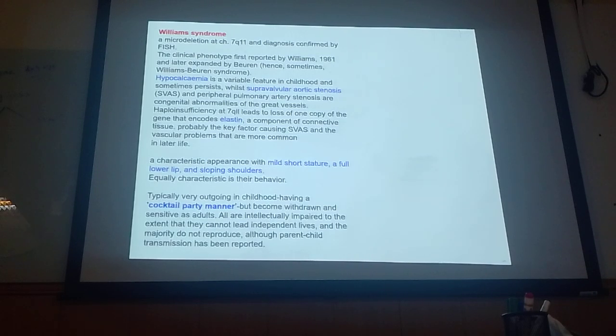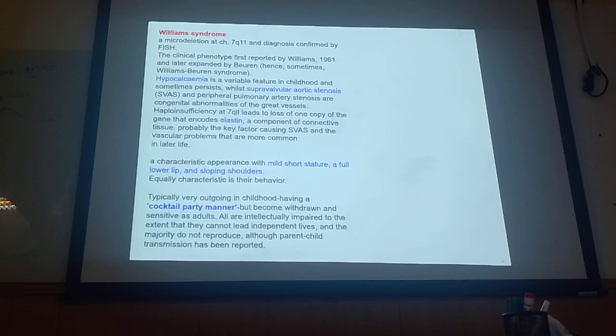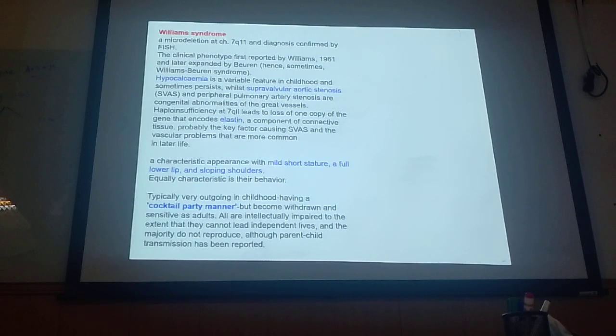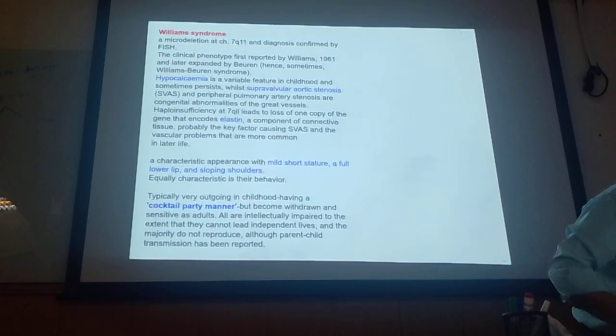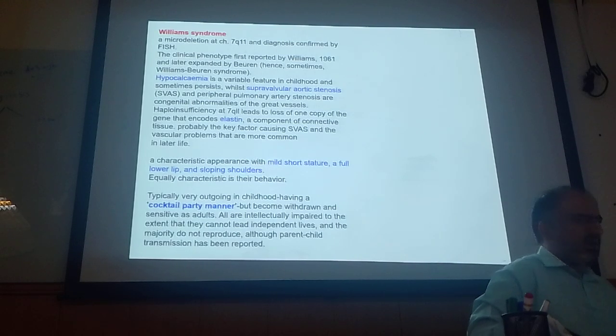You check it, and it says, unfortunately, ASD, atrial septal defect, VSD, ventricular septal defect, tetralogy of Fallot, PDA. Or we say here, supravalvular aortic stenosis. Why did this happen?